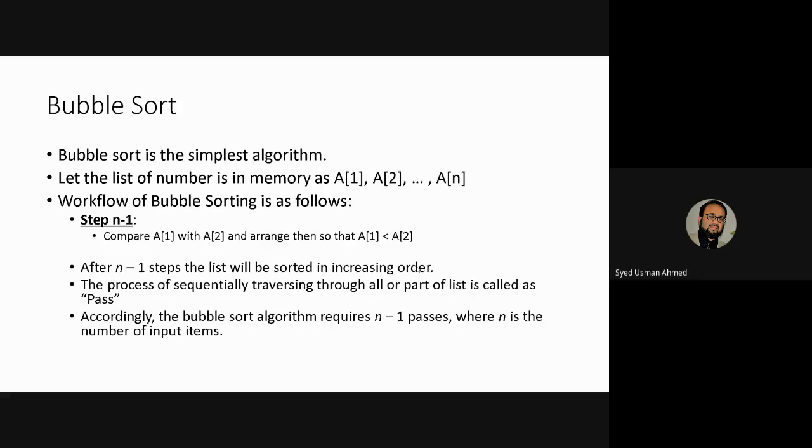Finally, after n minus 1 steps, the list will be sorted in increasing order. The process of sequentially traversing through all or part of a list is called a pass. Accordingly, the bubble sort algorithm requires n minus 1 passes, where n is the number of inputs. So we can say that sorting the list requires n minus 1 passes, right?